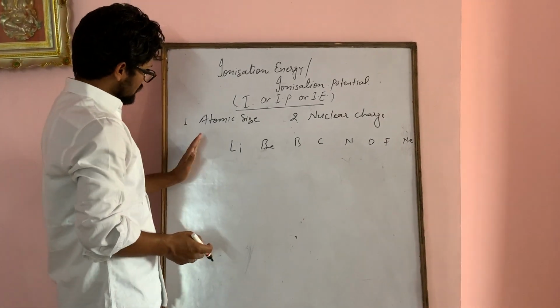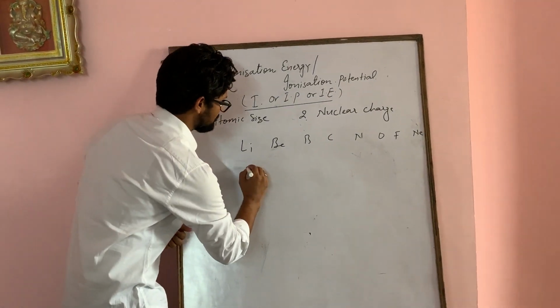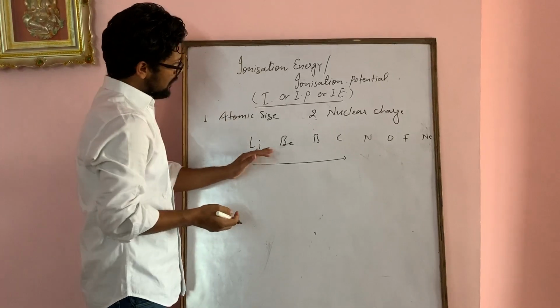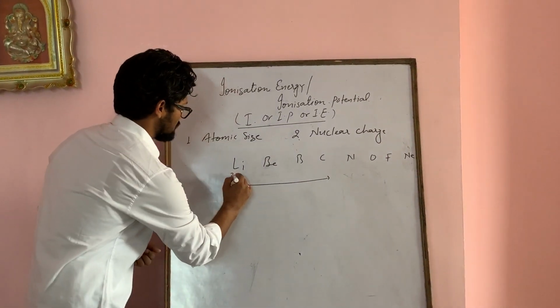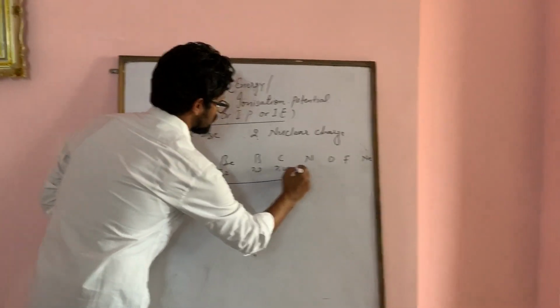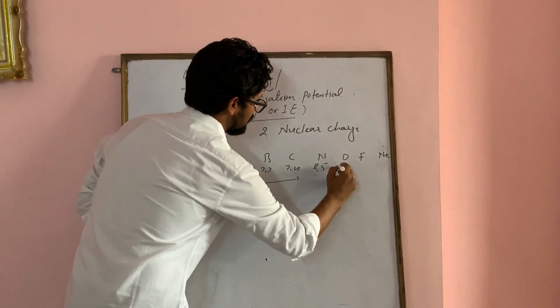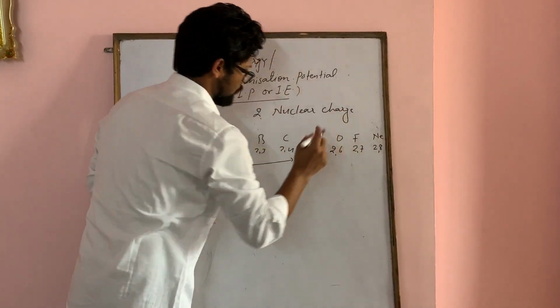As we have studied in the previous section, as we go across a period, these all have the same shells, all have two shells: 2,1, 2,2, 2,3, 2,4, 2,5, 2,6, 2,7, and 2,8.